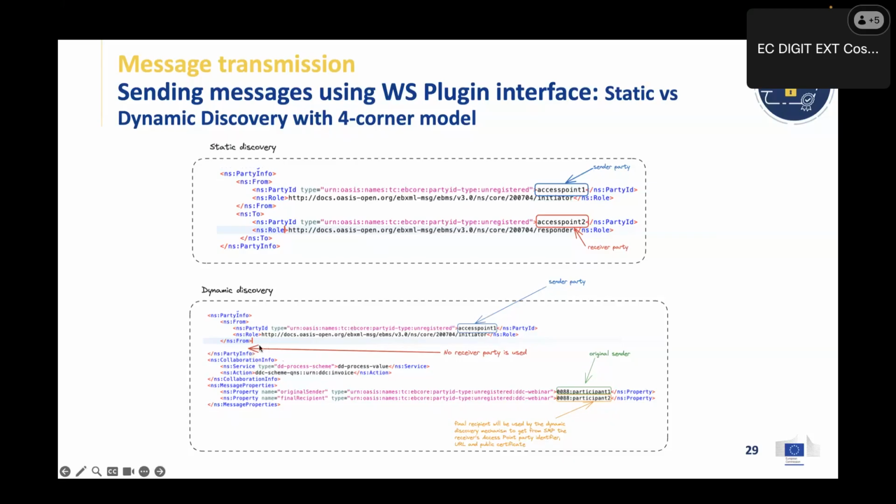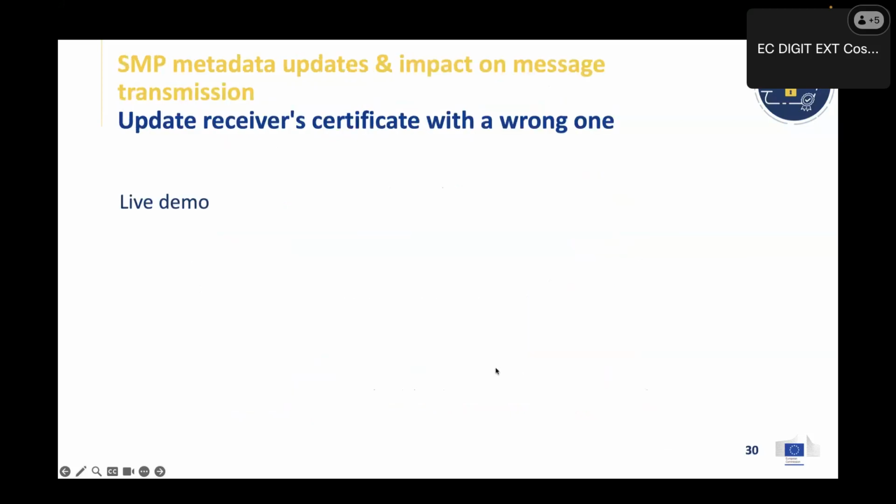There is party 2 here filled in because it will be automatically discovered from SMP based on the final recipient value. Okay, and now we are ready to exchange messages.